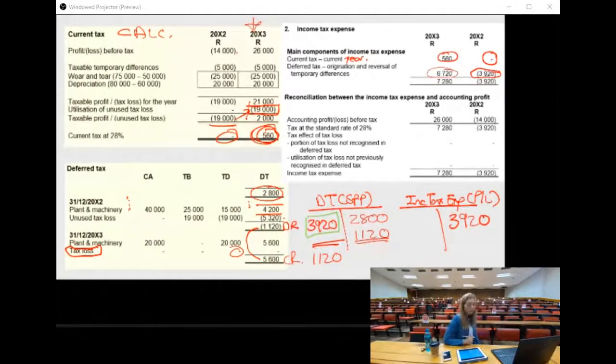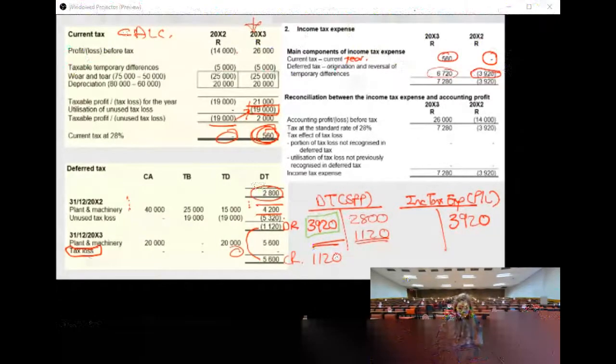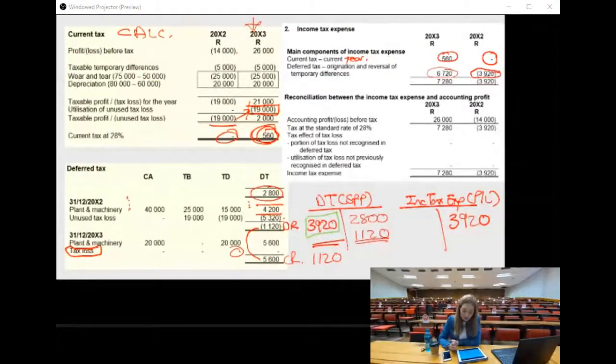Good. Now, have a look at the reconciliation for this example. So you will now see that if we take our accounting profit for 20x2, and we multiply that with 28%, so there's our 14,000 accounting profit.